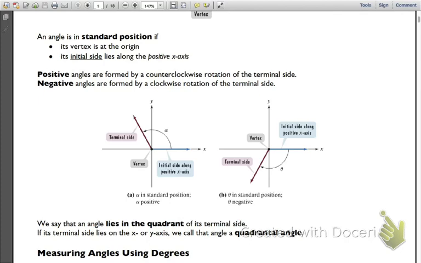So as the initial side here, in the blue, as we open everything up, it's going to be a positive angle. Whereas if we open it down, it's going to be negative. It's probably opposite of what you normally think, but if you think about everything you already know about the points on your plane, up here in the top right, everything's positive.